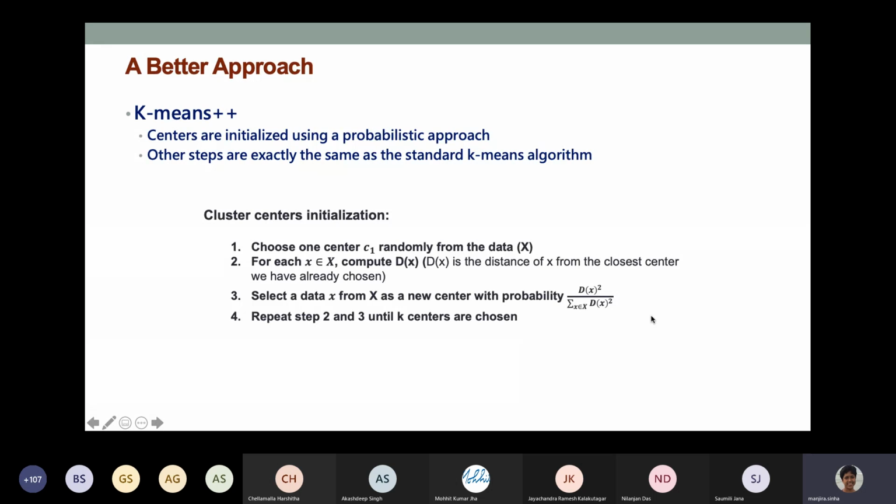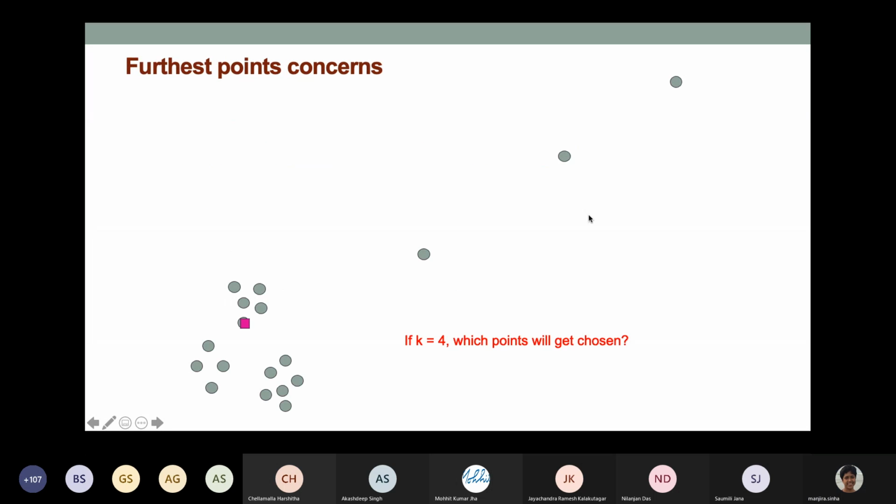See, we are defining the probability based not only on the distance of the point with respect to the first randomly picked center, but the distance of the point is actually normalized by the sum over all the other distances of the points. So if a distance is very high, but that is the only point, if that is the outlier, say this point, this has a very high D(x).